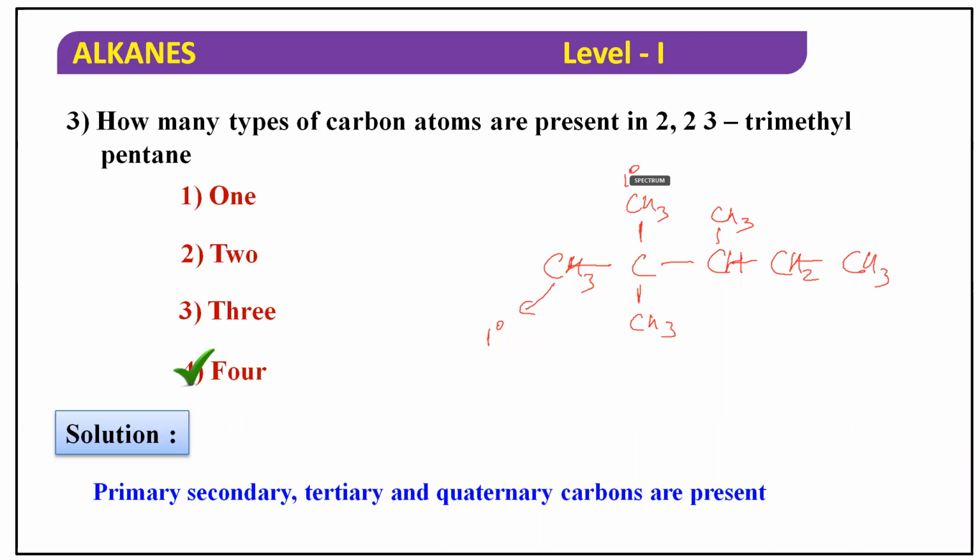This is 1 degree. This is 1 degree. This is 1 degree. This is 1 degree. First, let's identify all the 1 degree. Then this will be 2 degree because of 2 carbons. This will be 3 degree and this will be 4 degree. So all 4 will be there: primary, 1 degree, 2 degree, 3 degree. So all 4 types are there in this one.